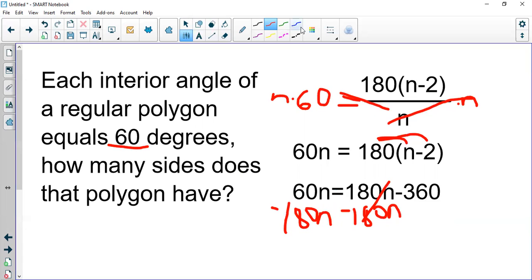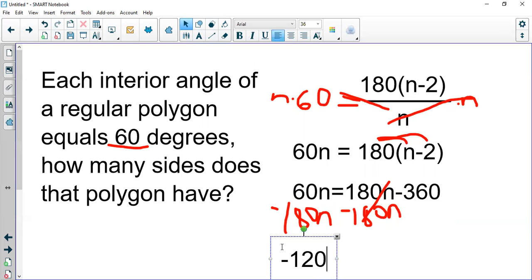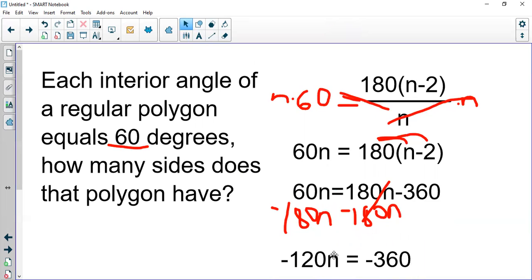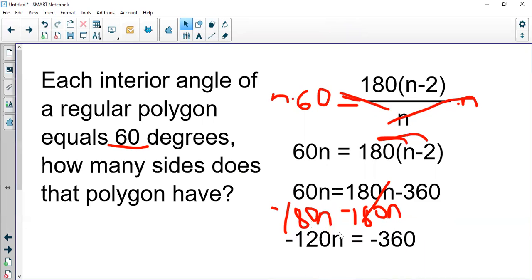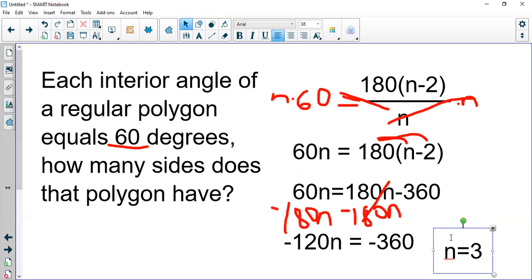So that goes away. So 60 minus 180 is negative 120, n equals negative 360. And then my last step to solve for n, I'm going to divide both sides by negative 120, and that's going to get me n equals 3.